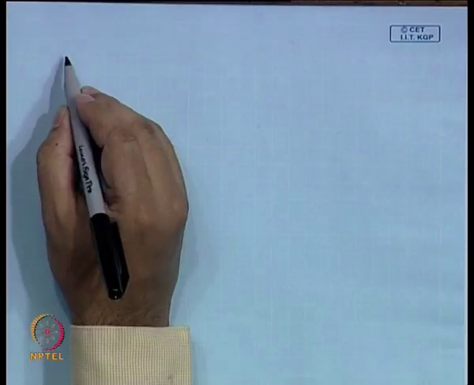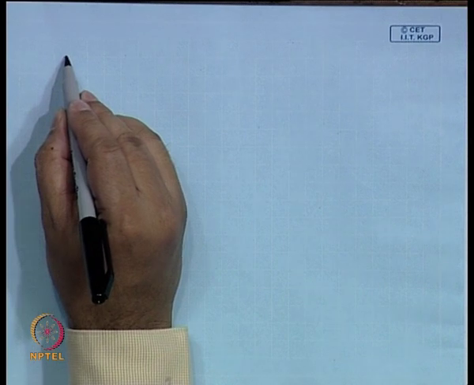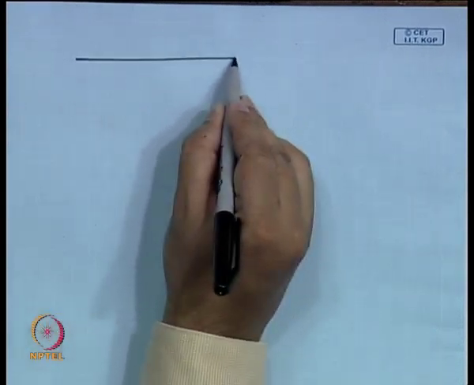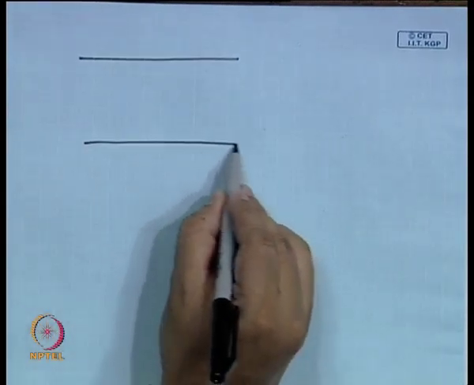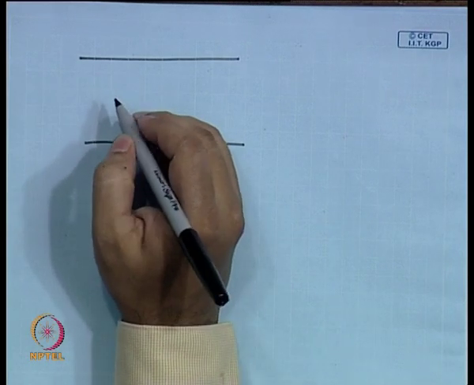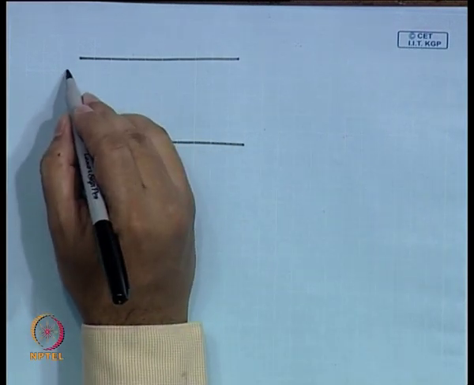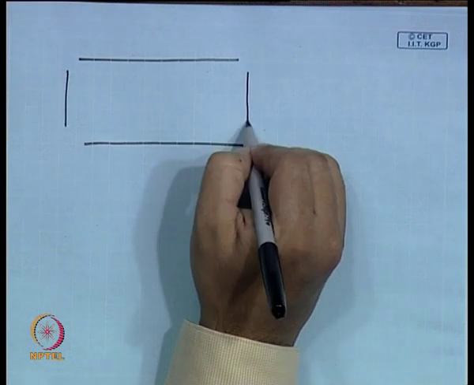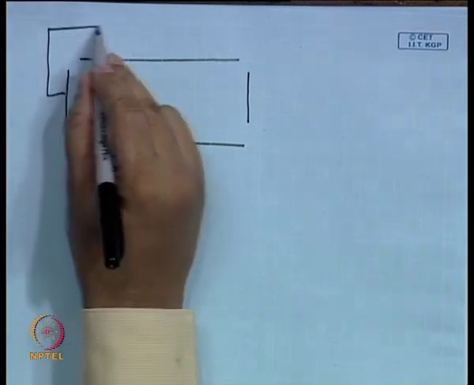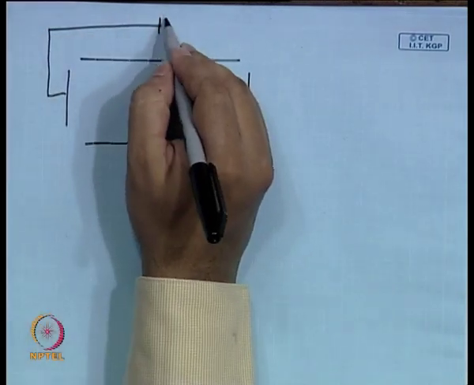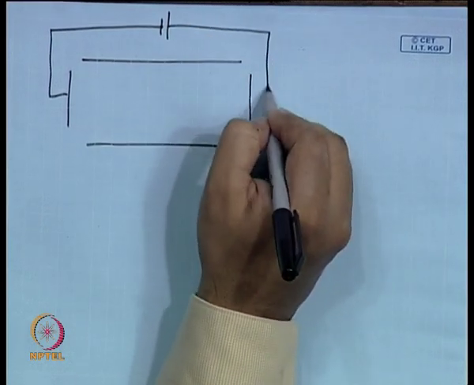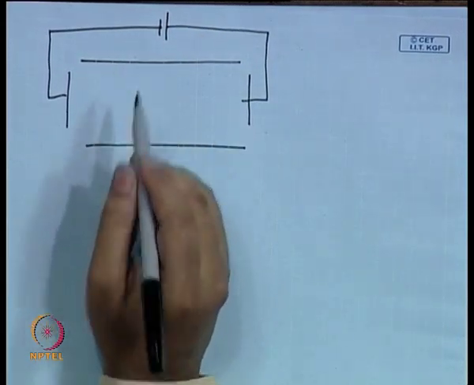So, let us draw this once again. This is an electrode, this is another electrode. Okay.